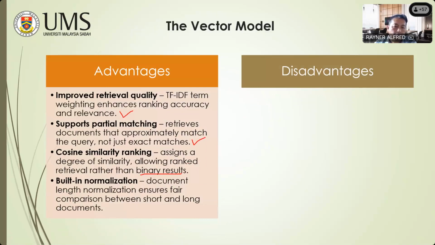Compared to the Boolean model, which just gave you true or false, the cosine similarity allows you to quantify the differences between the query and the document that we have. At the same time, we have embedded normalization, in which a long document can be compared with a short document because you have normalized the weight of the components by dividing them by the length of the document.